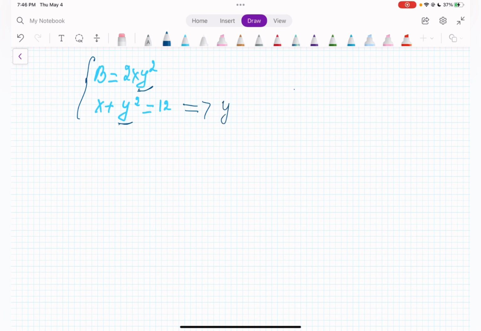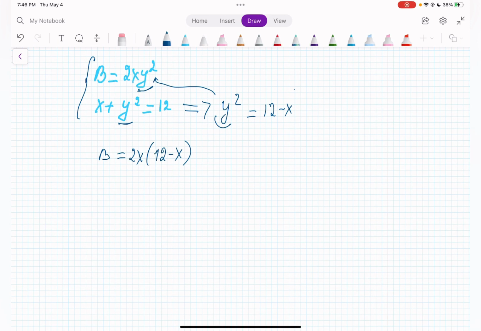So y squared is equal to 12 minus x, and then we plug it into the equation of b. Because we are interested in maximizing 2xy squared, limited by this condition, it's going to be 2x times 12 minus x.